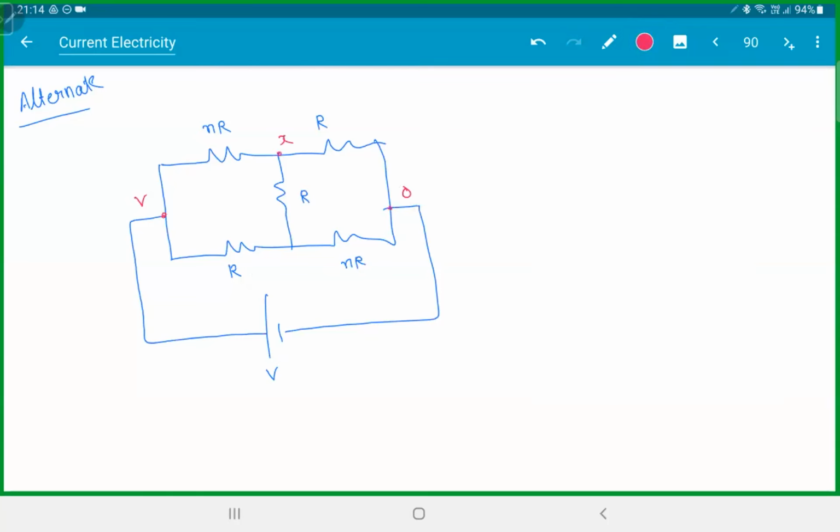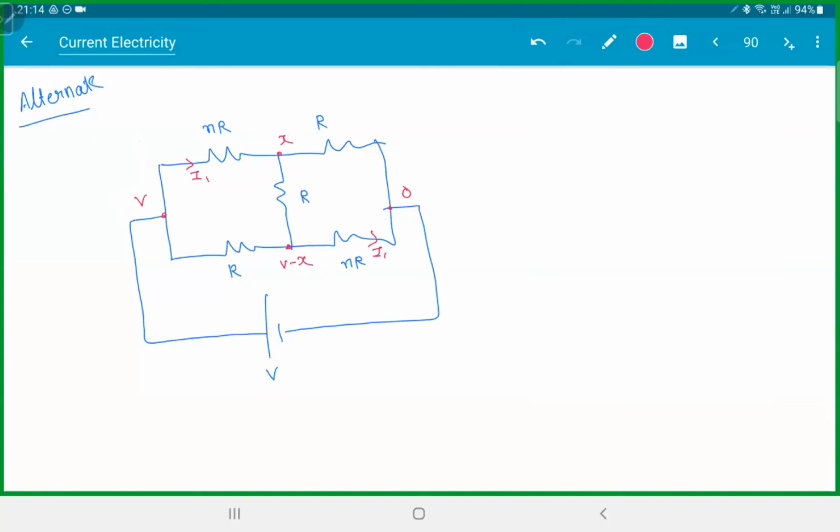If this is X, whatever current flows in this branch, the same current will flow in this branch because of symmetry. Can you see these two are symmetrical, these two are symmetrical? That means the potential difference across these two should be equal to the potential difference across these two. So the potential difference is V minus X. So this is 0. So this point's potential is V minus X.